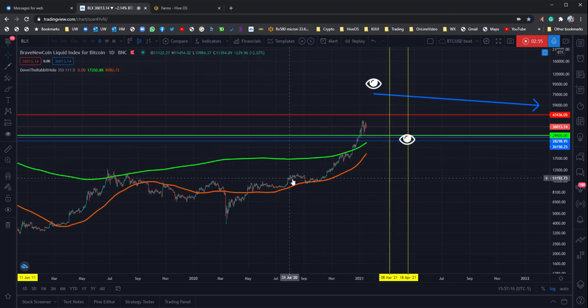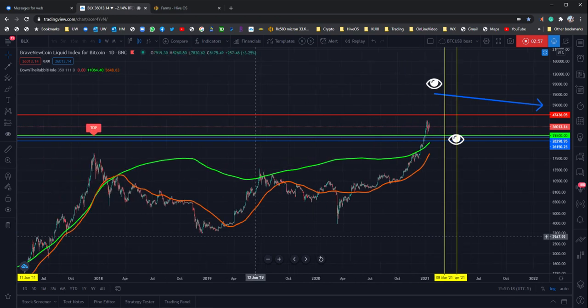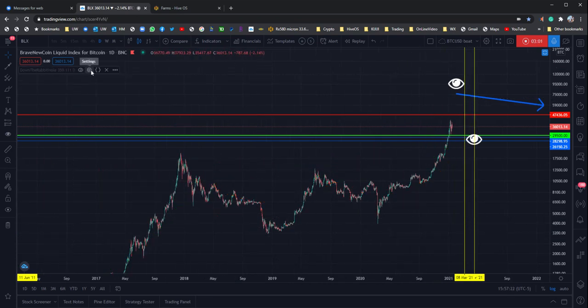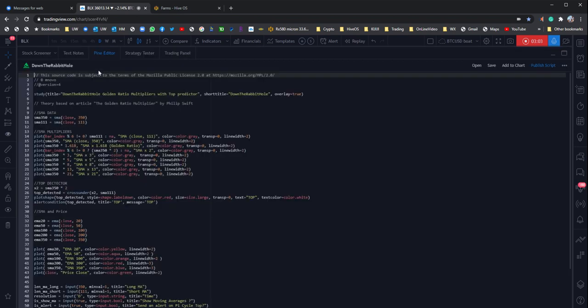So what do these two lines represent? The first data points we're entering in are the 350-day simple moving average and the 111-day simple moving average.